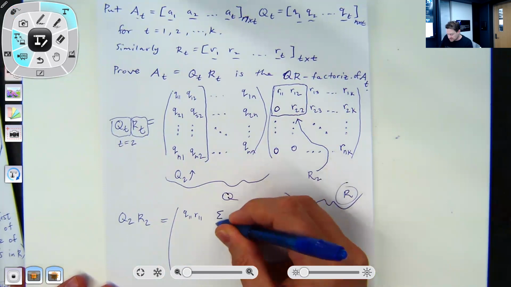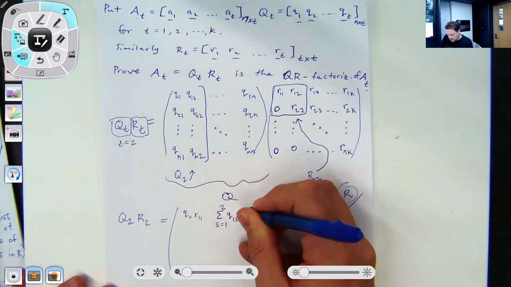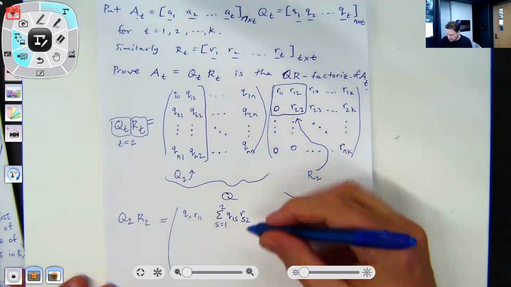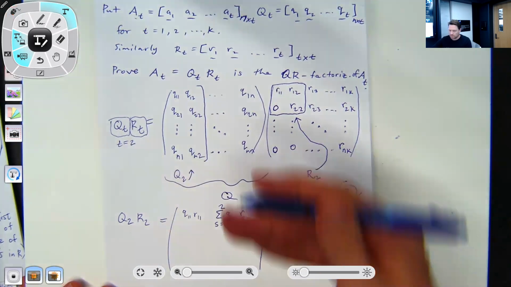Let's sum over S, where S goes from 1 to 2, of Q1S R S2. Notice that the 1 and the 2 on the outsides correspond to the 1,2 entry of Q2 R2. That ends that row because the matrix only has 2 columns, but we have more coming down here.